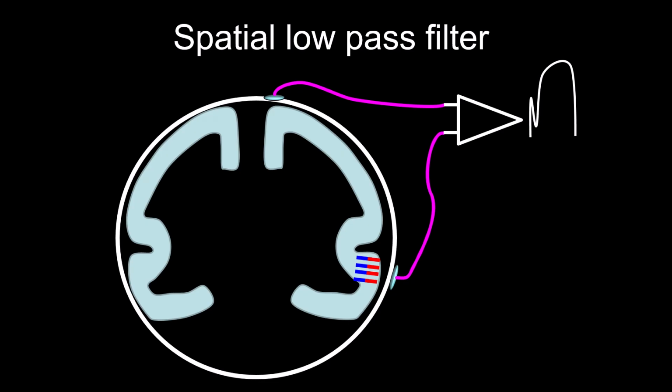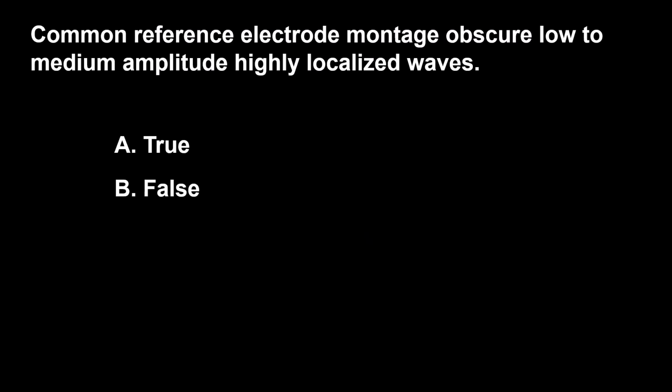They de-emphasize waves that arise from one electrode and emphasize waves arising from many electrodes. It happens that the spikes usually arise from one electrode, whereas a slow wave usually has a more widely distributed field. So the answer to this question is true.